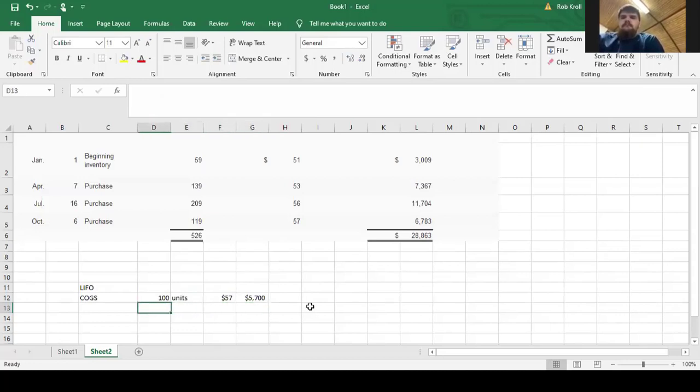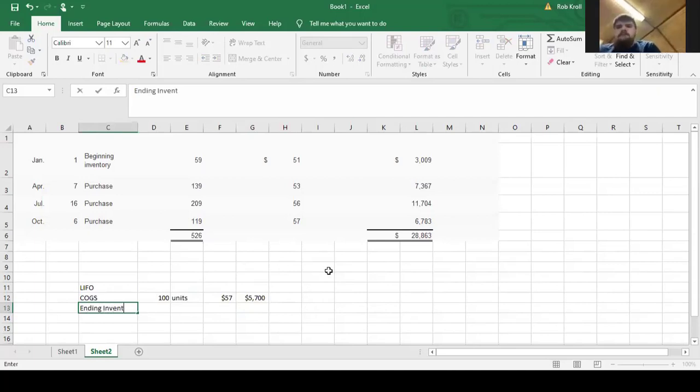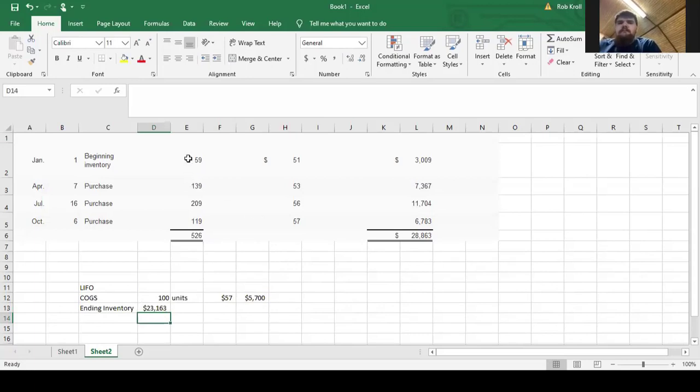Ending inventory, remember how you can calculate that? Take what you had, the 28,863, and subtract the cost of goods sold. The other way you could do it is you would essentially add up all of these rows at the top, the 3,900, the 5,000.